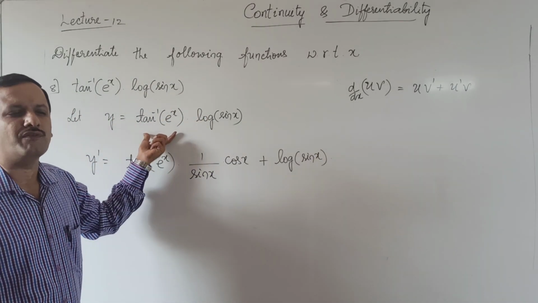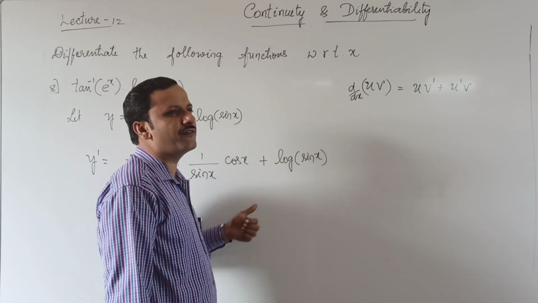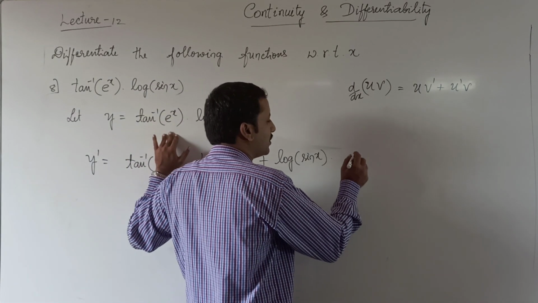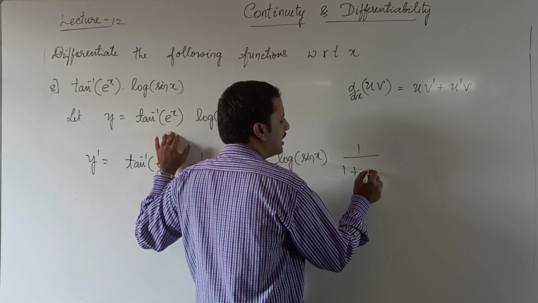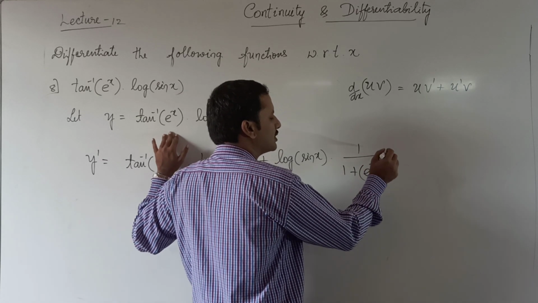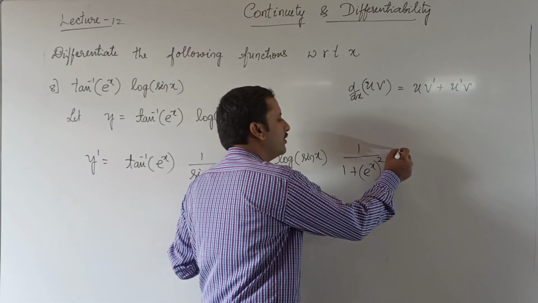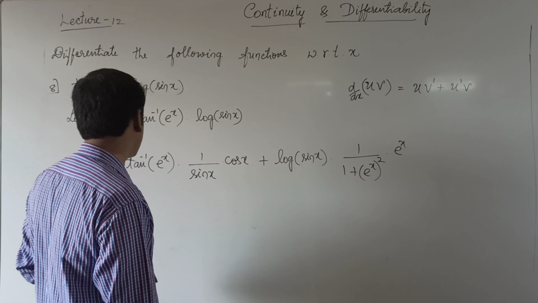I want the derivative of tan inverse e power x. The derivative of tan inverse x is 1 by 1 plus x square. So the derivative of tan inverse of e power x is 1 by 1 plus (e power x) whole square into the derivative of e power x. The derivative of e power x is e power x itself.